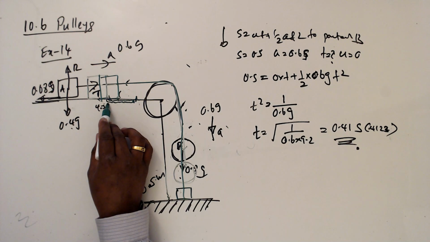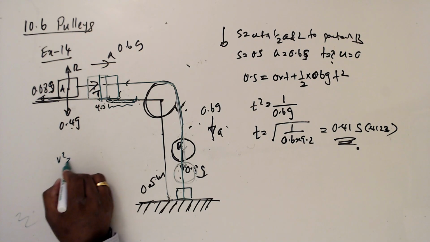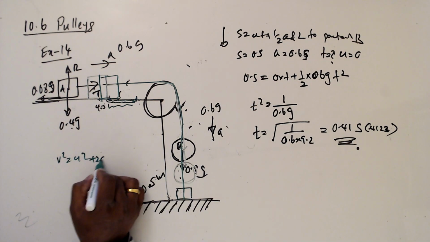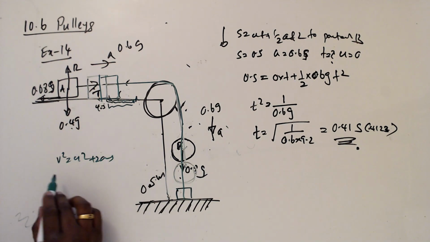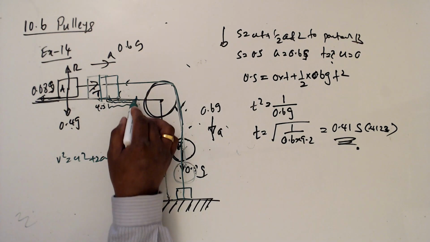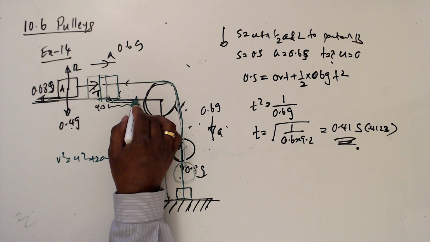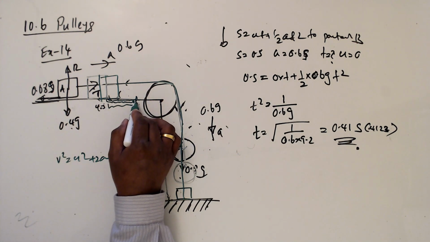So we need to find the distance traveled. For that we can put V squared equals U squared plus 2AS. We know that when it stops, the velocity V equals 0.